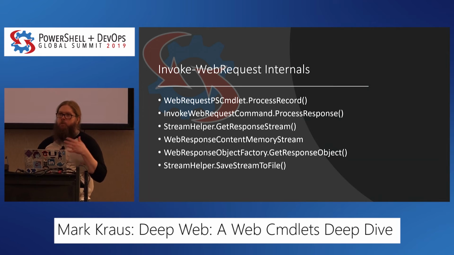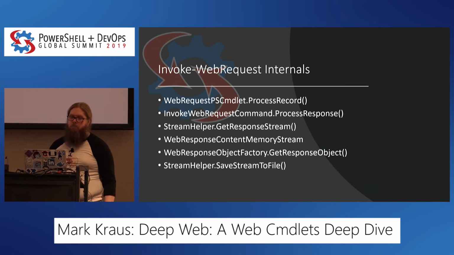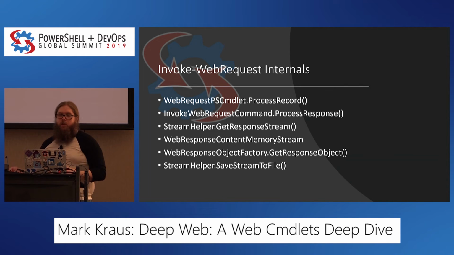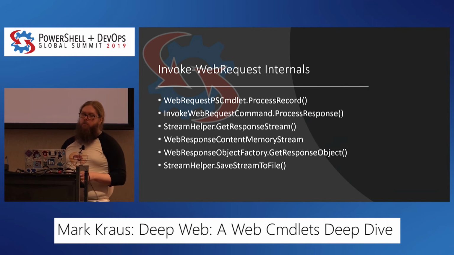It tries to do some analysis, like, is this UTF-8? So it does some kind of analysis on what kind of data it is. Then it creates this WebResponseContentMemoryStream, and then it uses that stream basically to get the response object and save the stream to file.